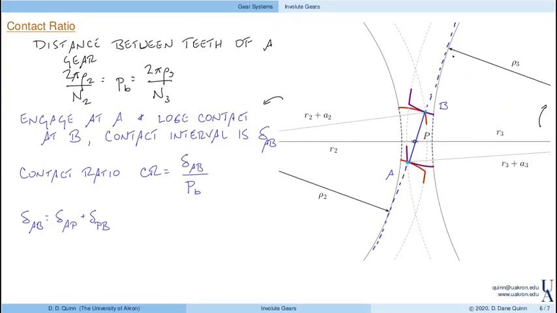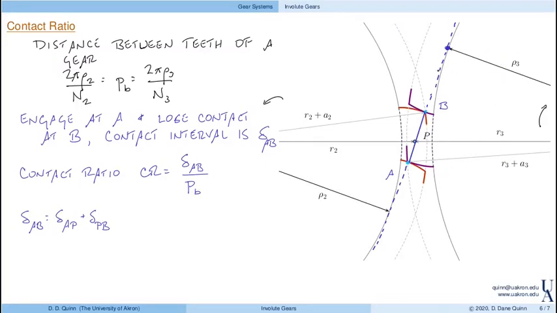We'll calculate the distance from this point where the pressure line is tangent to the base circle out to A. We can do that because this is a right triangle and we know this side. If you think about this big triangle that extends off to the right, then we have hypotenuse, adjacent, opposite.